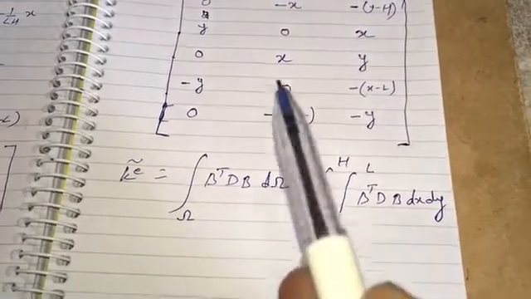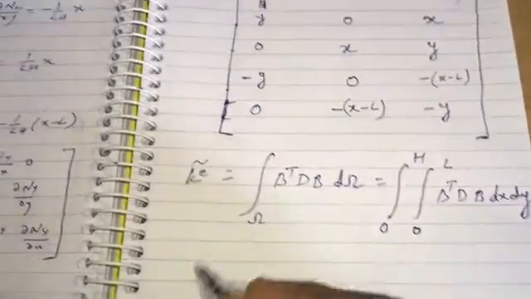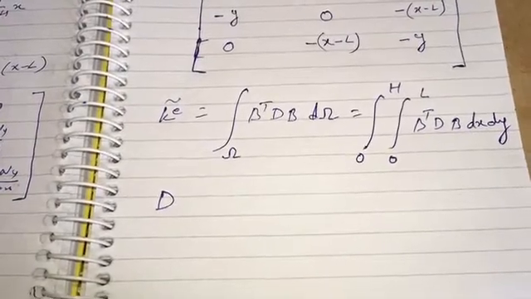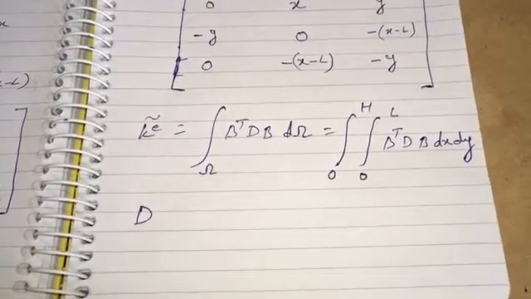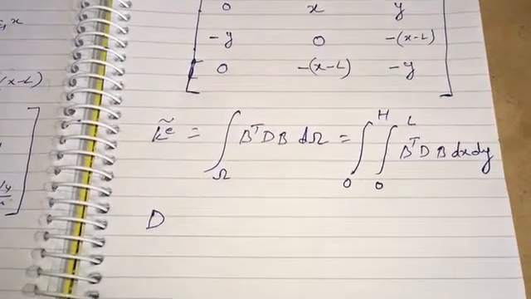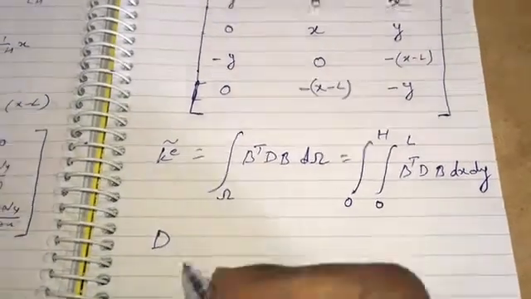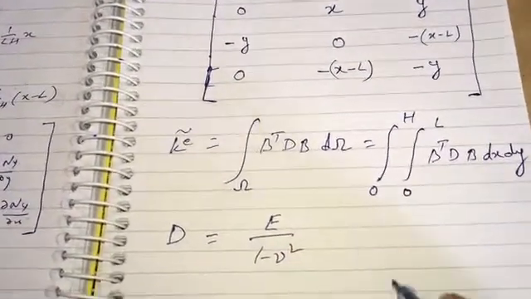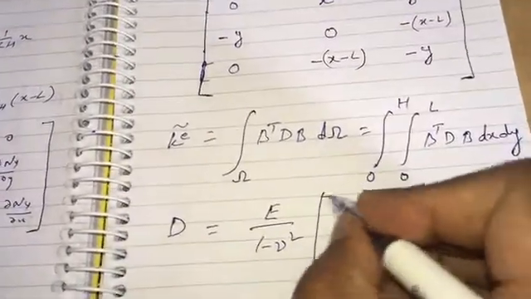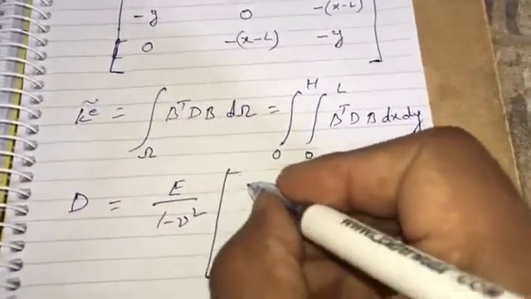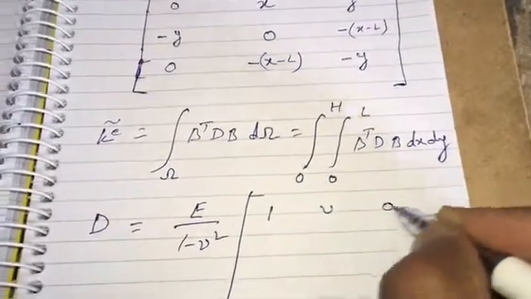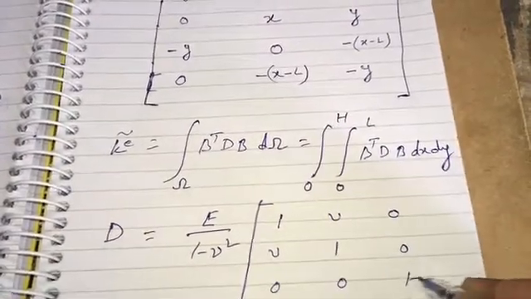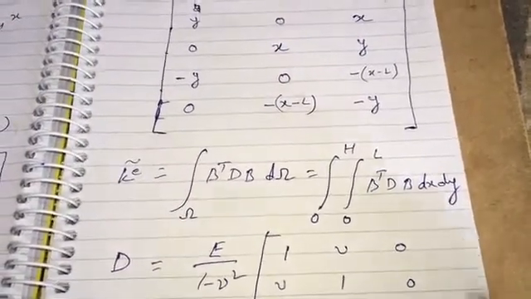Okay, so B is known here, D is a material property that for the plane stress problem you already know, this is equal to E over 1 minus nu squared, and then the matrix 1 nu 0, nu 1 0, 0 0 (1 minus nu) over 2.